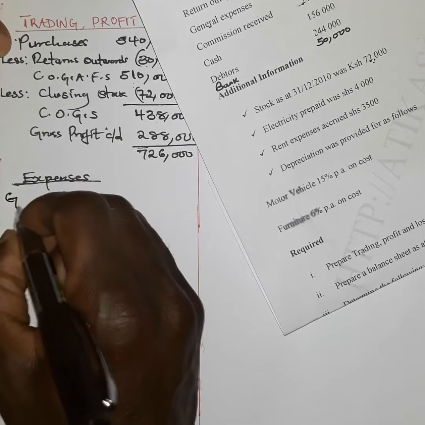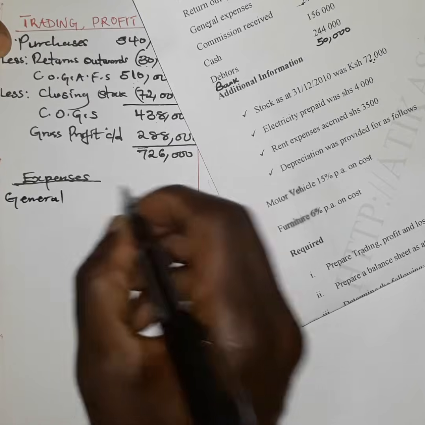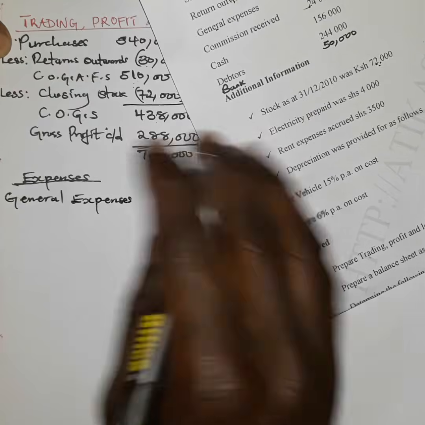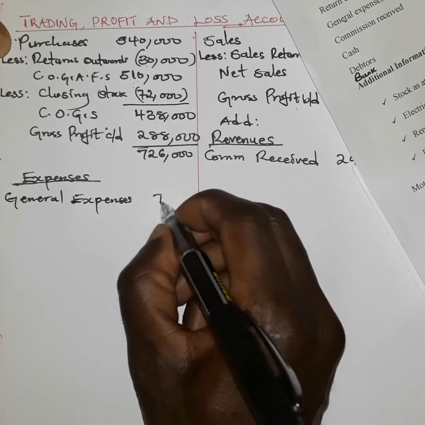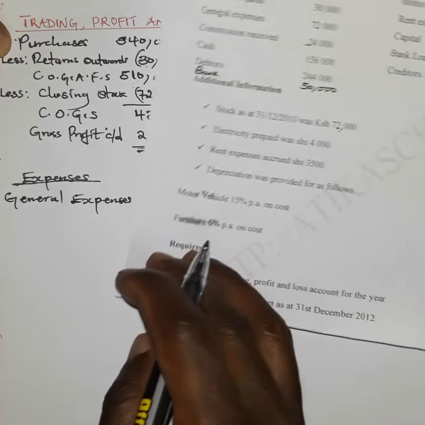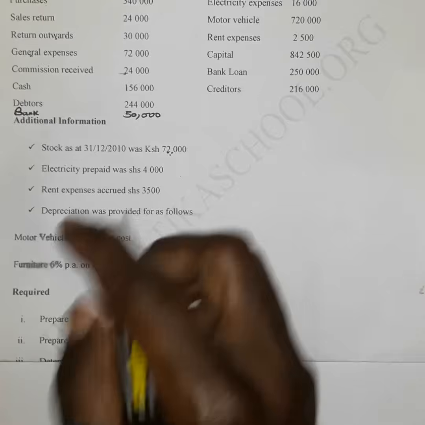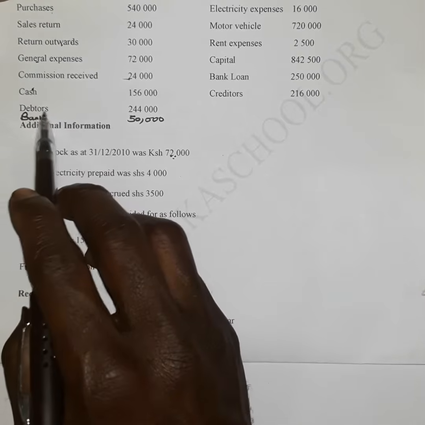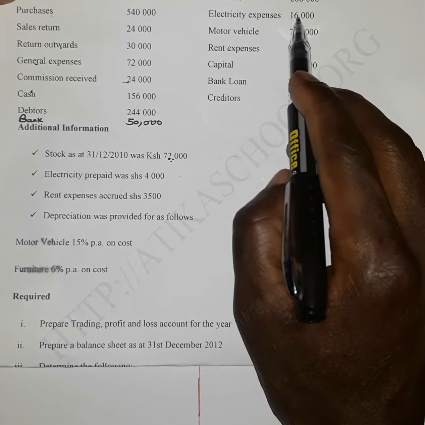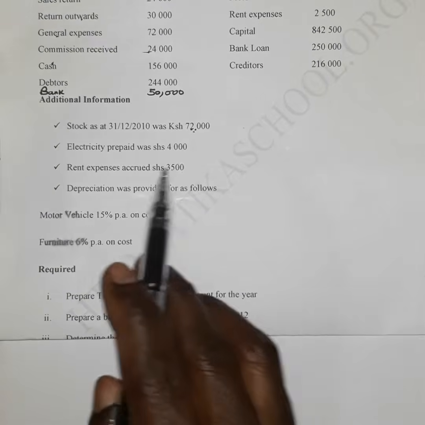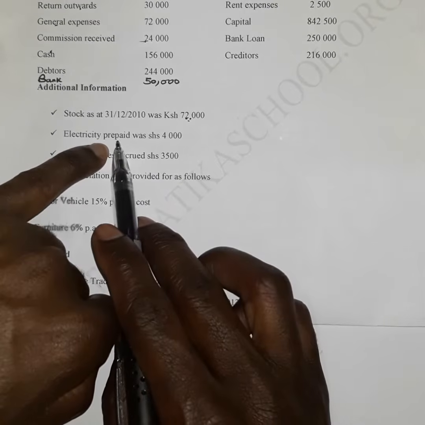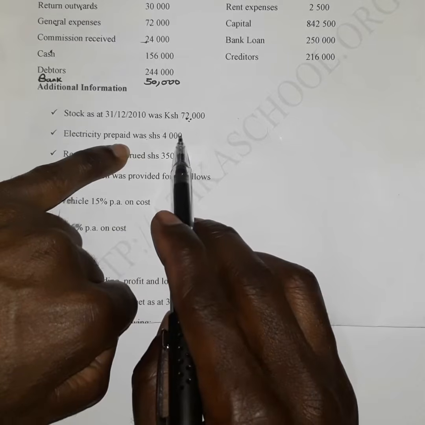So you're supposed to have general expense as an amount of 72,000. And then you go to another expense. The next expense is electricity expense, which is 16,000. But we are told from the additional information that electricity prepaid was 4,000.